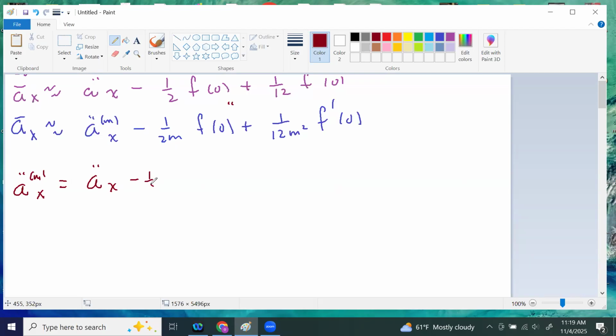So it's going to be minus 1/2. Let's just do it this way. Add 1 over 2m here, minus 1/2. And then we do the same thing here. So now I'm going to go ahead and subtract this. That's 1/12 minus 1 over 12m squared.